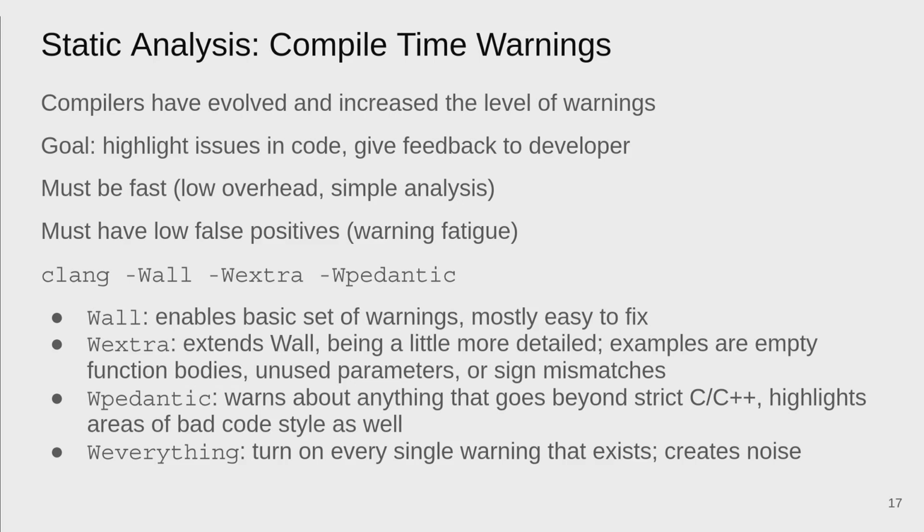They highlight issues in code and give feedback to developers. Especially Clang and the LLVM framework made huge progress in compiler warnings and compiler errors. GCC was very poor with warnings, so it didn't give good warning messages, but Clang is fairly extensive. These compile time warnings must be very, very low overhead and extremely simple to run.